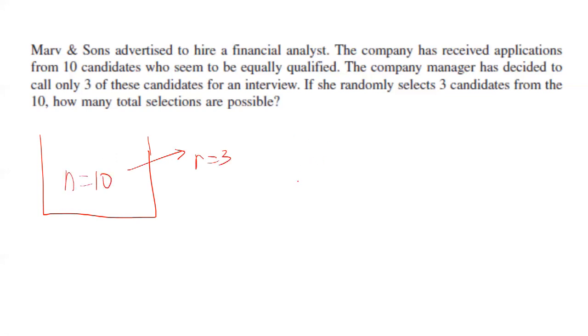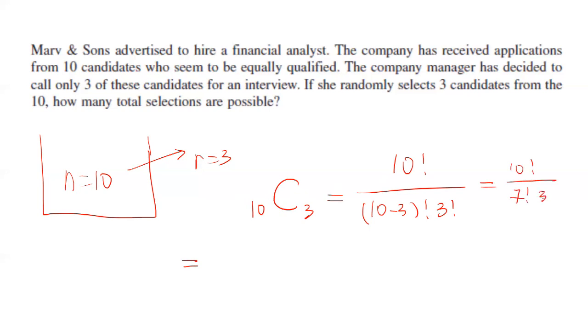So according to combinations, the result will be C(10,3), which is 10 factorial divided by (10 minus 3) factorial times 3 factorial. Simplify first. That is 10 by 9 by 8 over 3 by 2 by 1. Simplify again. The final result is 120.